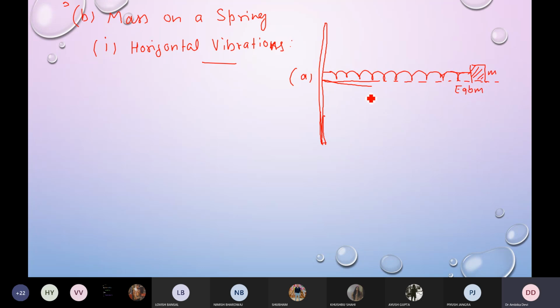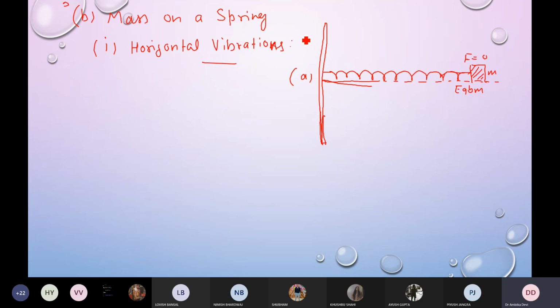So therefore no stretching or compressing of the spring has taken place, and the restoring force will be equal to 0. Because this is the equilibrium position, there is no displacement, so there is no restoring force acting on the system, right?